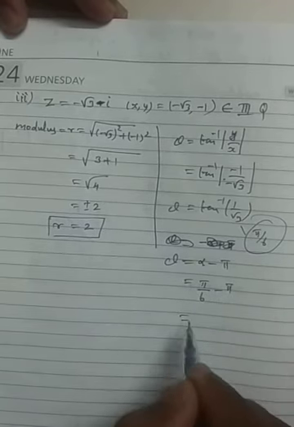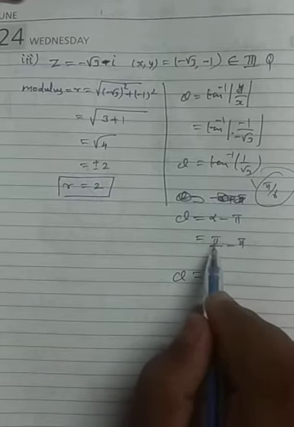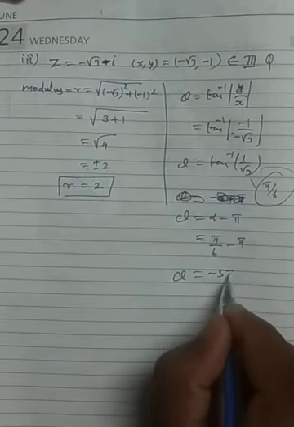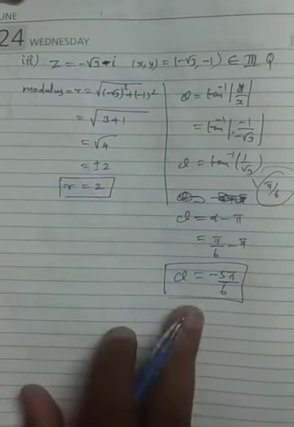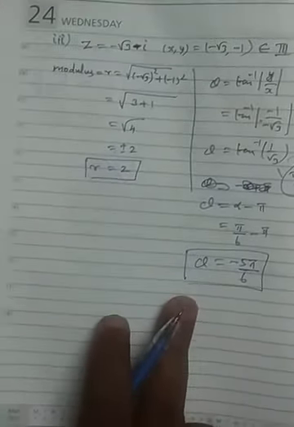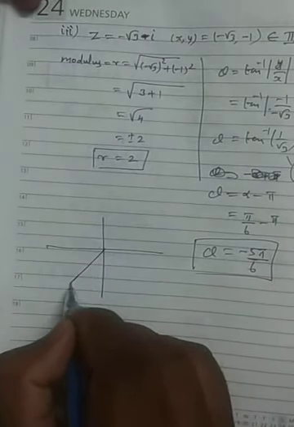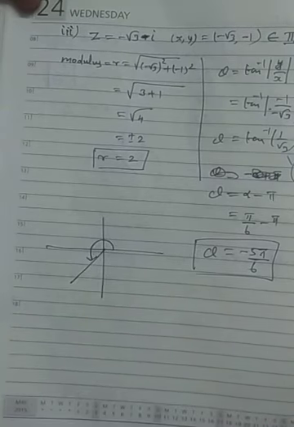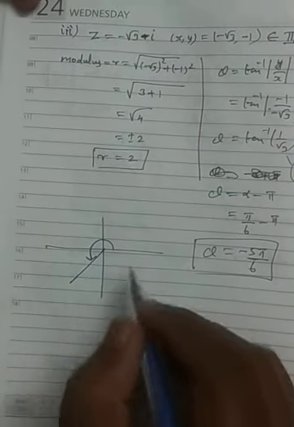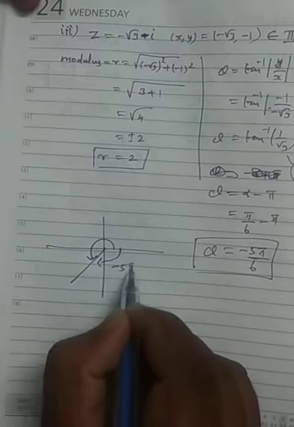Now cross multiply: 6 into minus pi, minus 6 pi, plus 1, so minus 5 pi by 6 will come. So the r value is 2 and the theta value is minus 5 pi by 6. If you draw the diagram, the radius will be 2 in the third quadrant, and the angle goes this way, in the clockwise direction, that is minus 5 pi by 6.